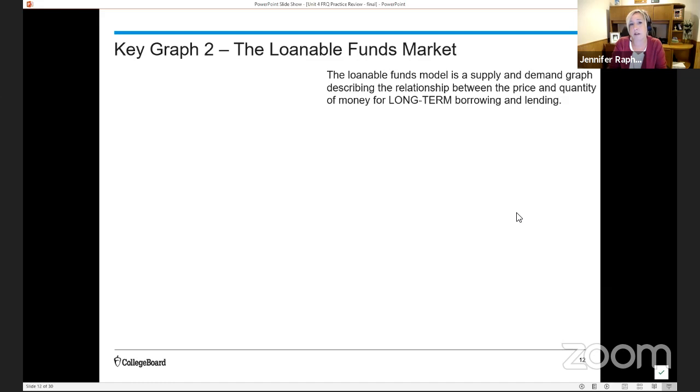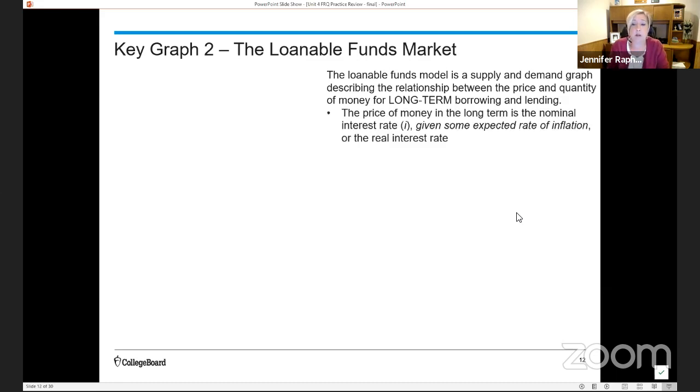So the loanable funds market is examining the relationship between the price and quantity of money for long-term borrowing and lending. And that means the time period during which inflation will have an influence on the real interest rate, either the real interest rate paid by borrowers or the real interest rate earned by savers.